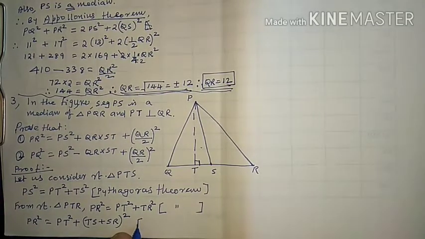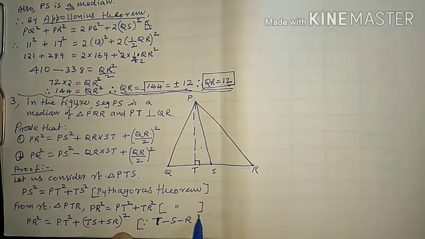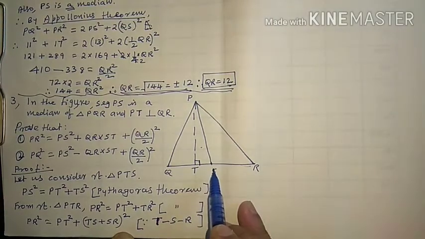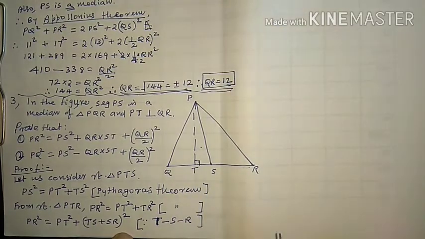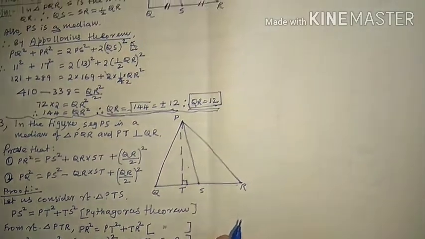What is the reason? Since TSR means point S is in between TR. Now we expand this by the A plus B whole square form. So we continue here now.